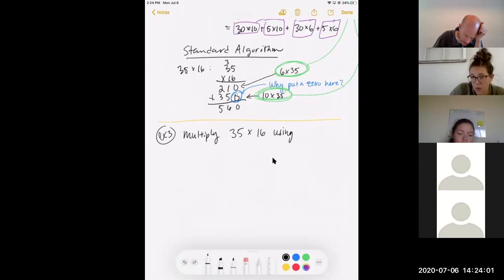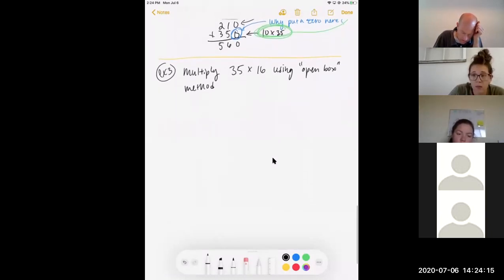So it's a lot like the area model. And this is the one that I've seen most with my kids as they learn how to do multiplication. Their curriculum used the open box method or an area model.